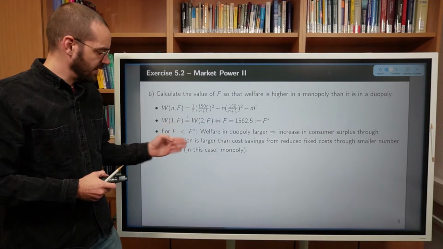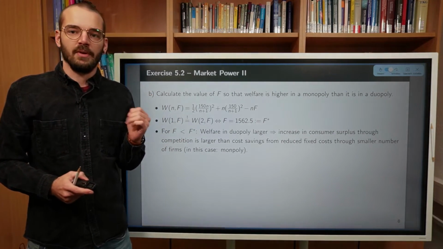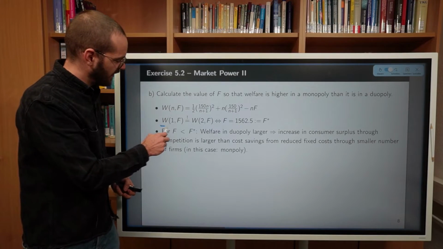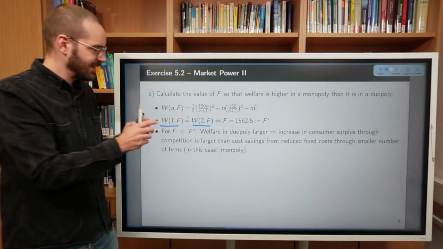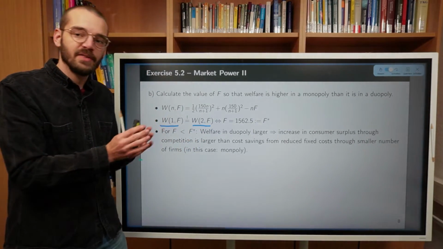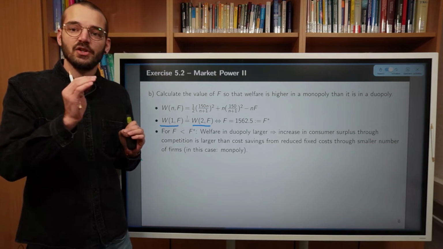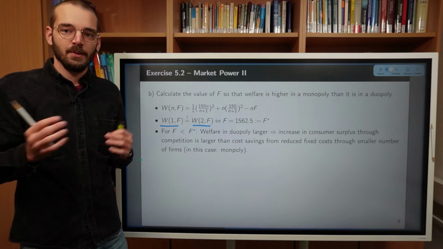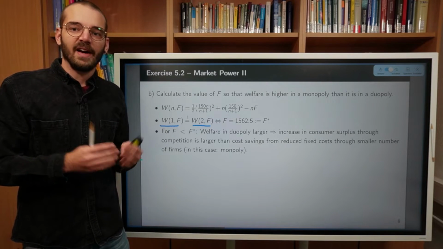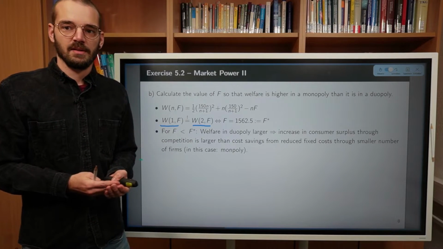Now, how do we find this kind of tipping point where the value of one function is just larger than the value of another function? Well, we can of course simply find the intersection of these two functions, okay?